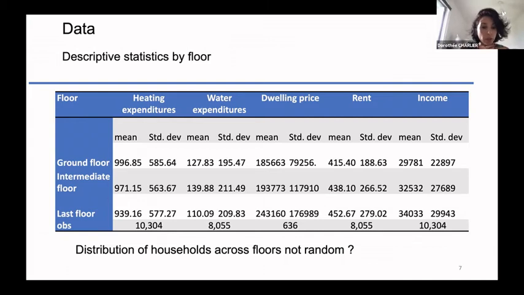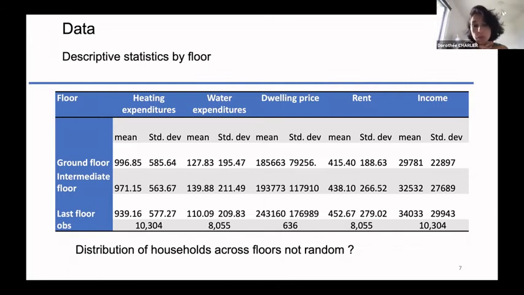Moreover, if I look at heating expenditures, the first column in the table, I can note that on average, heating expenditure per year for the ground floor is greater than for people living on the last floor.